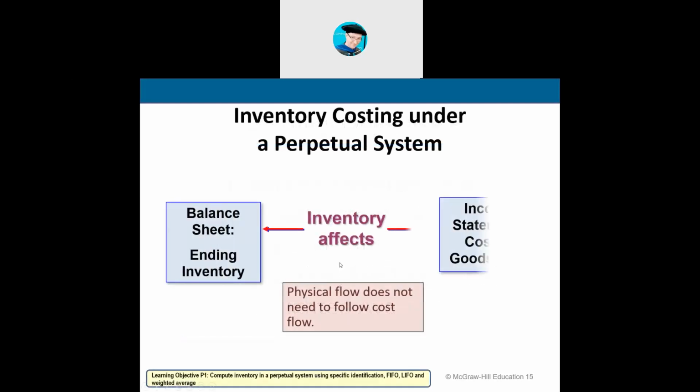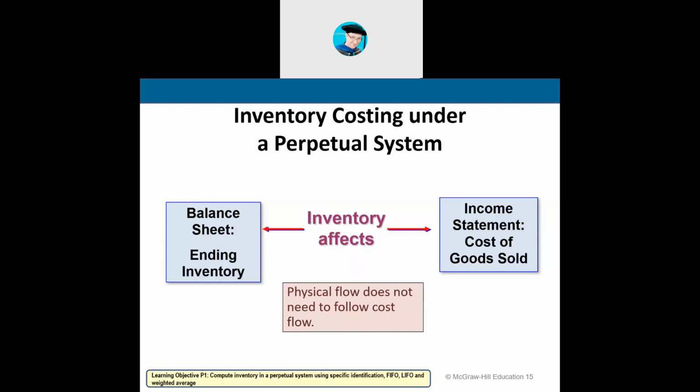As you recall, there are two types of inventory systems. One's the perpetual inventory, the other is called the periodic. In the perpetual inventory system, we are continuously counting inventory as it's flowing in and out of the business. The physical flow does not need to follow the cost flow in the perpetual system, although it's helpful.